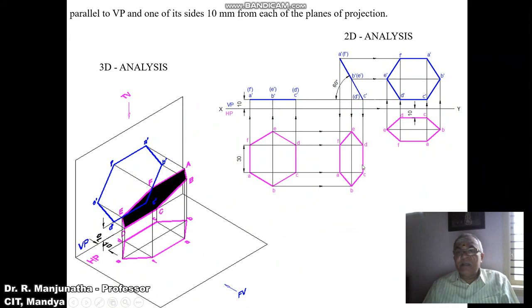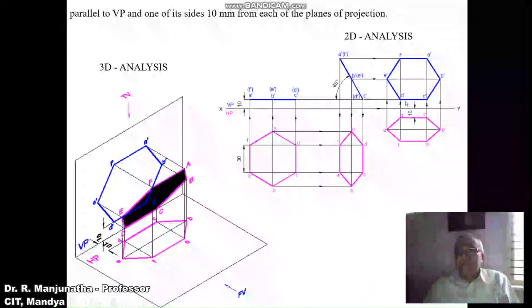We can see here we are redrawing the second position top view by rotating by an angle of 90 degrees such that it is 10 mm in front of VP. So we are going to consider CD also 10 mm in front of VP and redraw the second position top view here, and then you project this to the front view, and we can see here this is a hexagon.